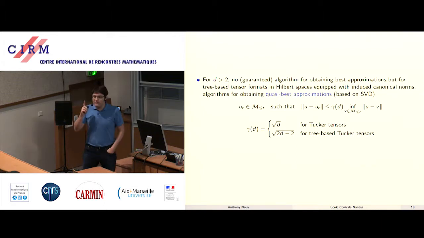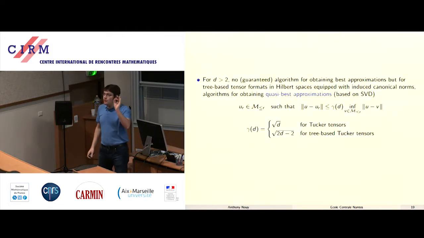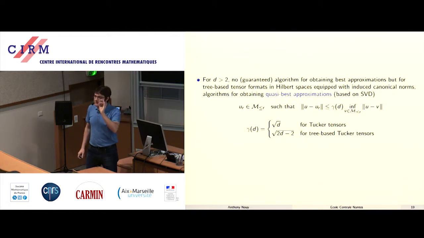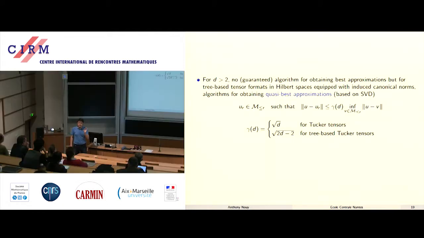But in a very particular situation, where you are in a Hilbert setting, when you have Hilbert spaces, and the norm on your space is a very particular norm, which is the induced canonical norm on your tensor space, then you have algorithms that provide quasi-optimal approximation.